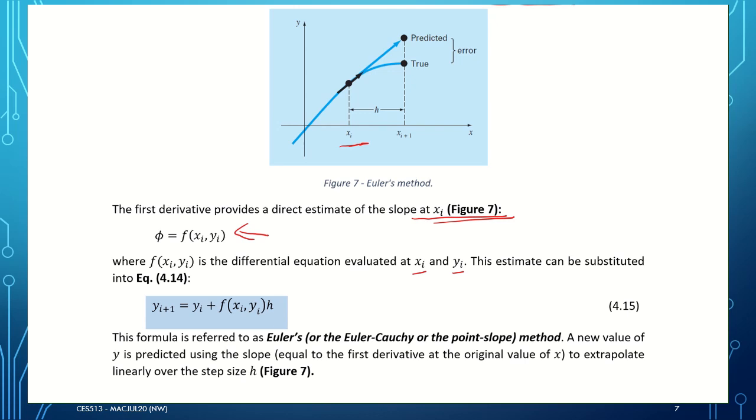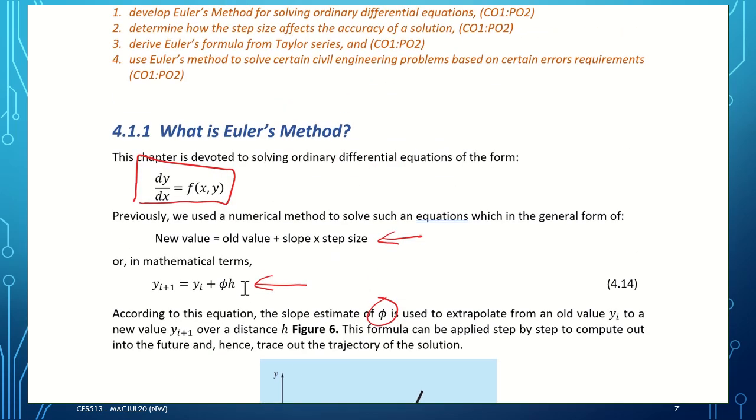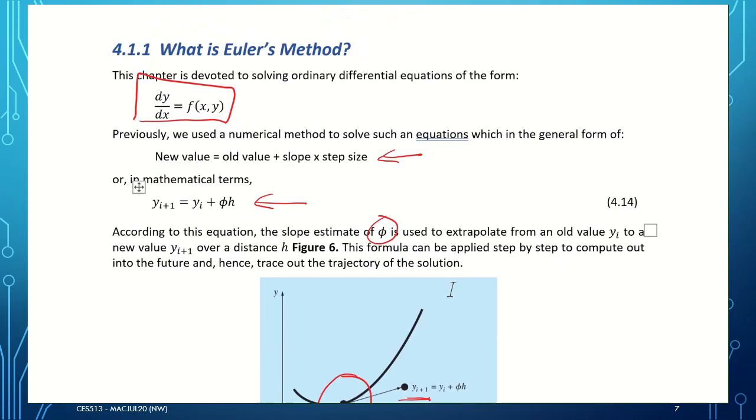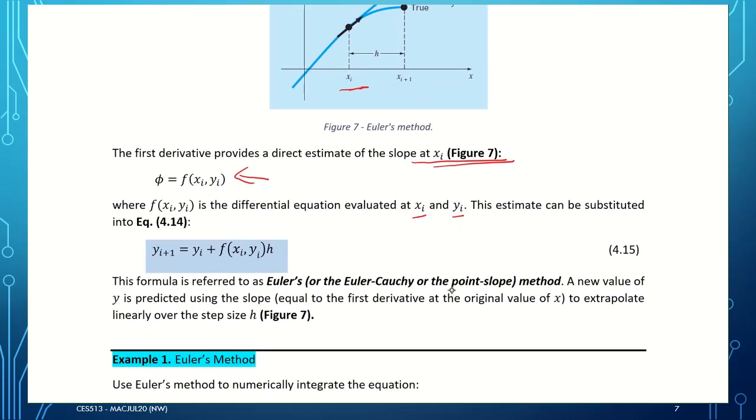This estimate can then be substituted back into equation 4.14, the general equation y i+1 and so on, to get this equation, which is called Euler's method, or the Euler-Cauchy or point-slope method.